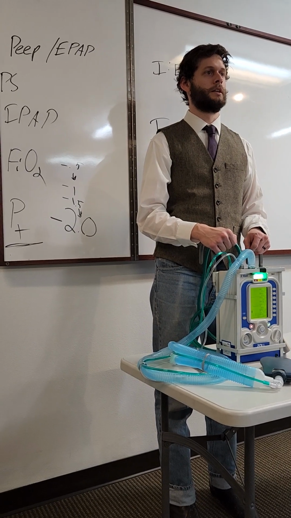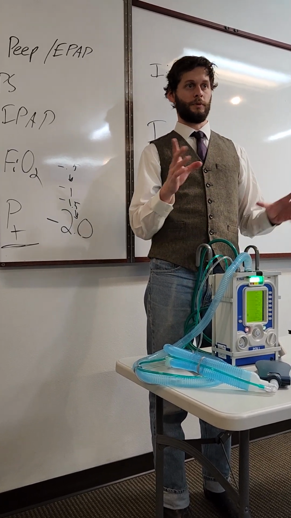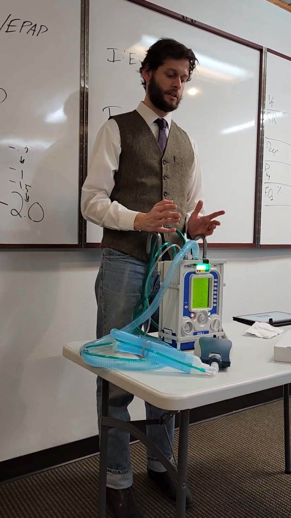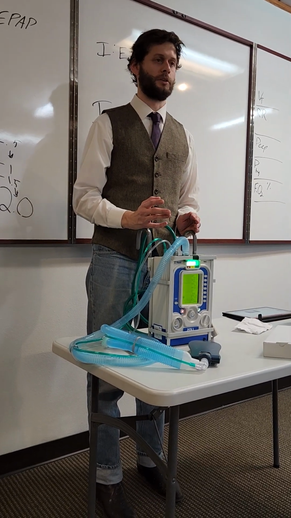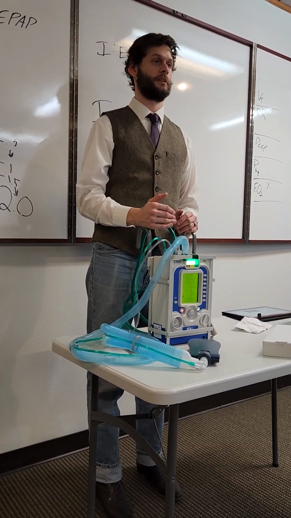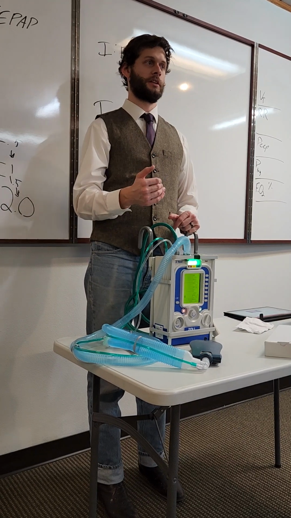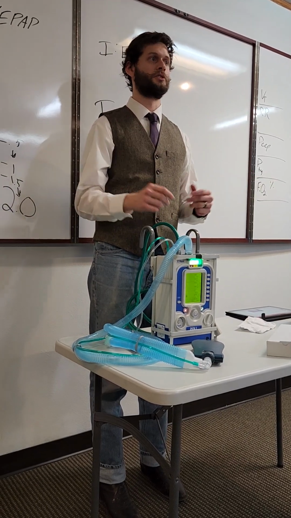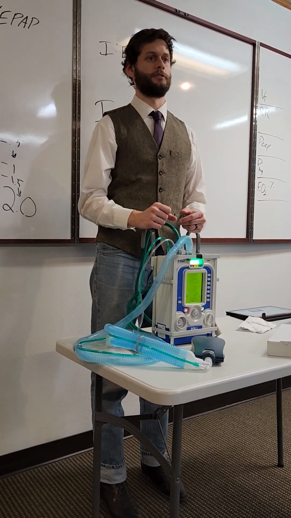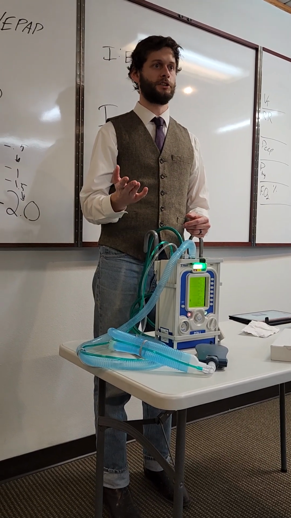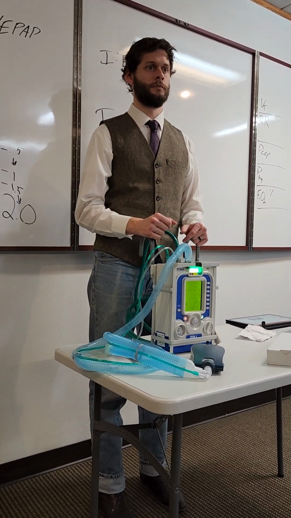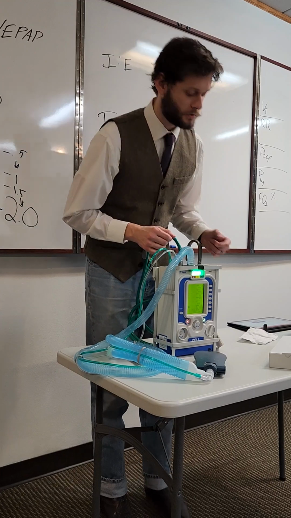Okay. One other big thing, the biggest difference I'd say, is operational. With the Z-Vent, you turn it on, you put the settings in, even just to do the circuit check, and now that ventilator is on. If you go to change the settings, that ventilator is on. So let's set some settings.